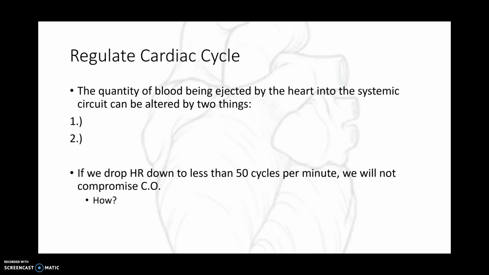Again, the stroke volume is the amount of blood ejected during each systole. A change in one of these parameters usually has a change in the other. So the relationship between the two, heart rate and stroke volume, alters cardiac output. So if we drop heart rate down to less than 50 cycles per minute, we will actually not compromise cardiac output. Why is that? It is because stroke volume will then increase.